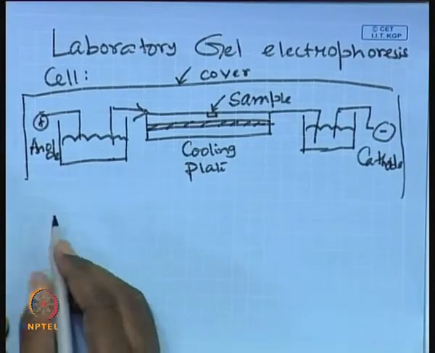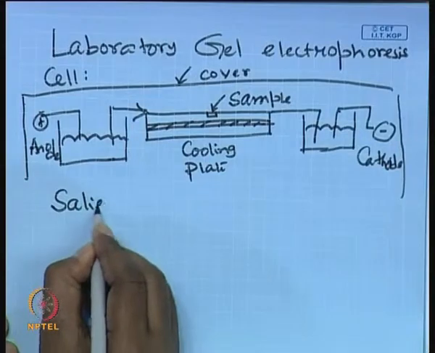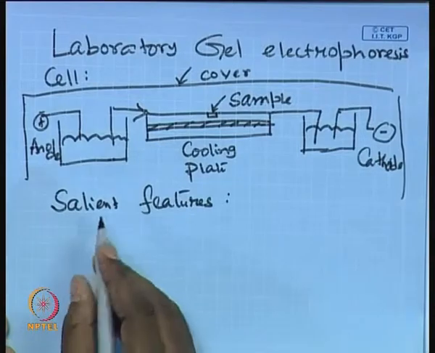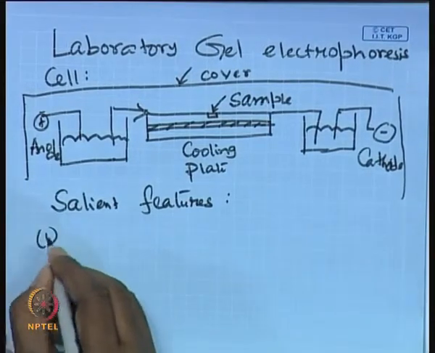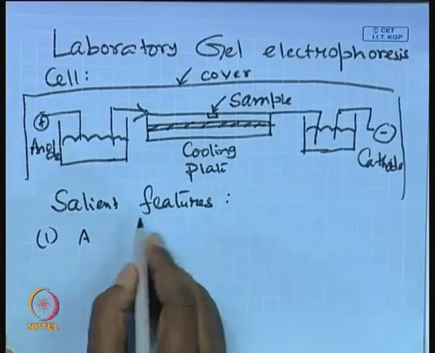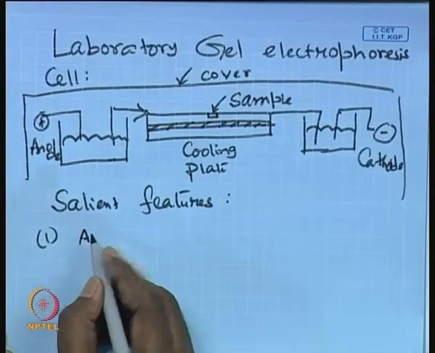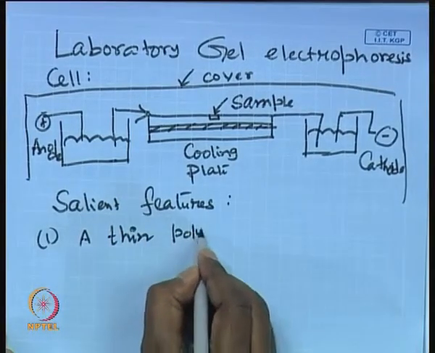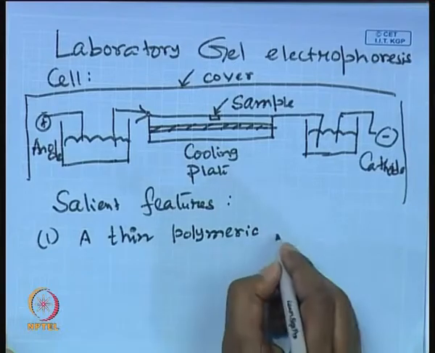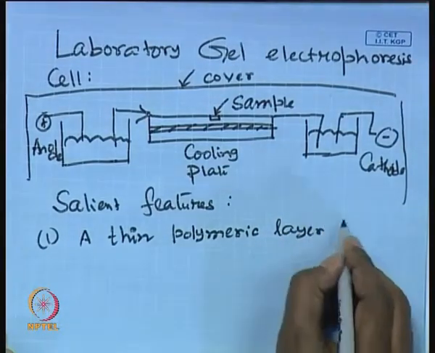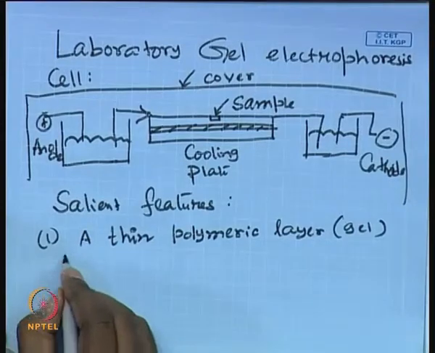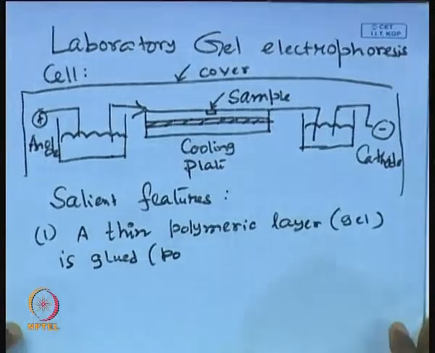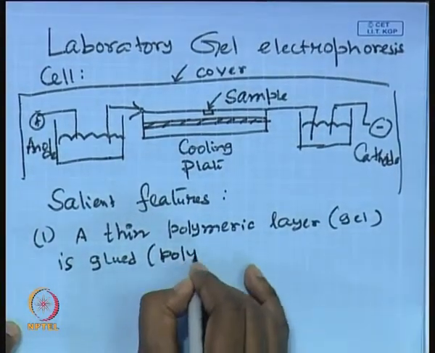Now, the salient features of this laboratory scale setup are that a thin layer of gel is polymerized onto the support plate, which is typically a glass plate. Glued means it is polymerized on the base plate.